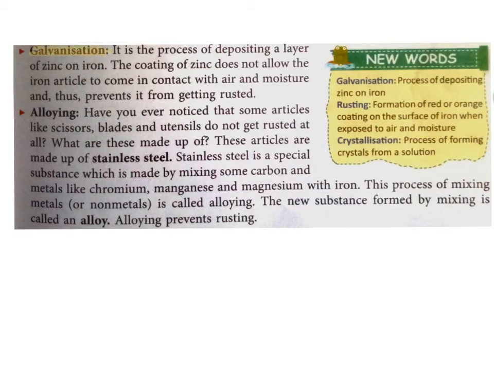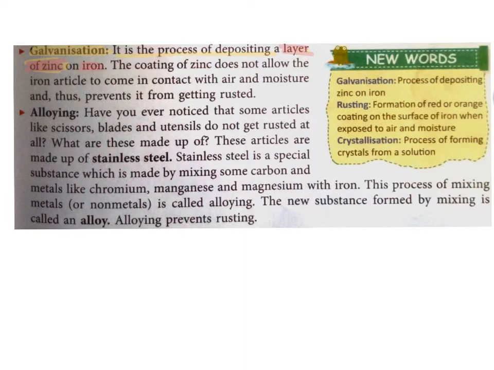Galvanization. It's a new term for you, so let's understand it properly. It is the process of depositing a layer of zinc. Children, please pay attention. Here we put a layer of zinc on an iron article.